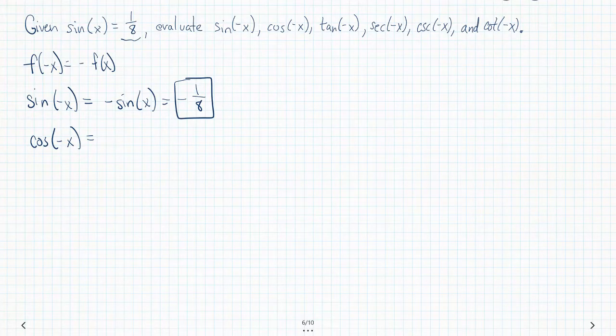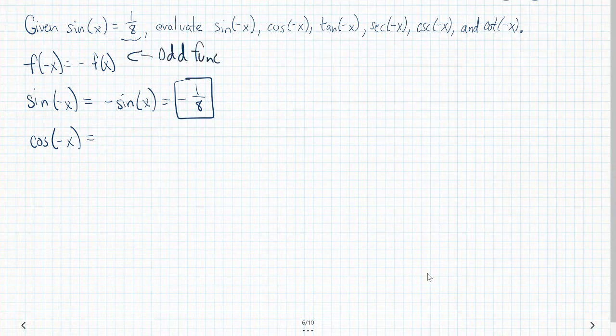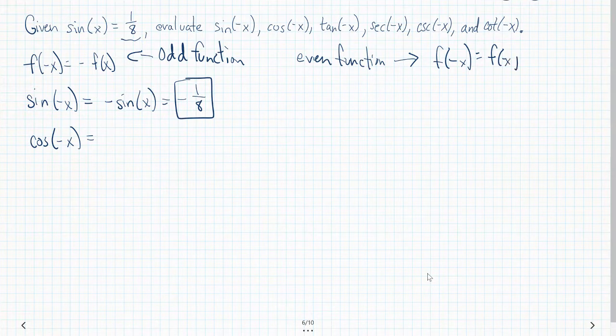Well, now what I should write up here is this is an odd function if f of negative x equals negative f of x, and then an even function occurs when you have f of negative x just equal f of positive x. Okay?